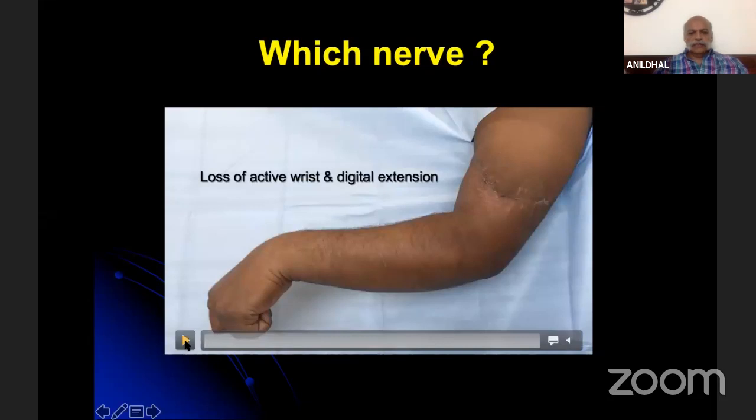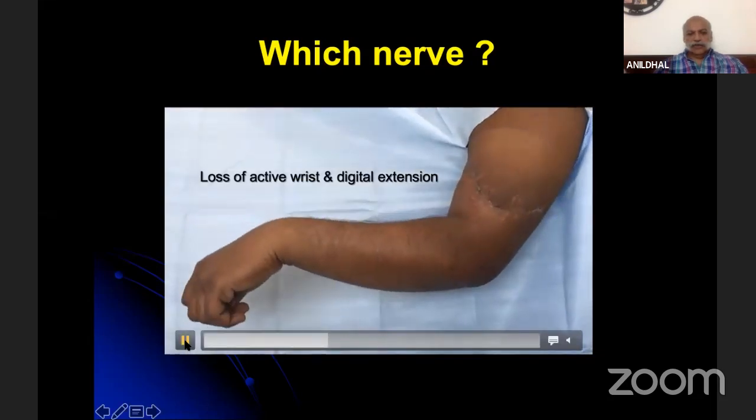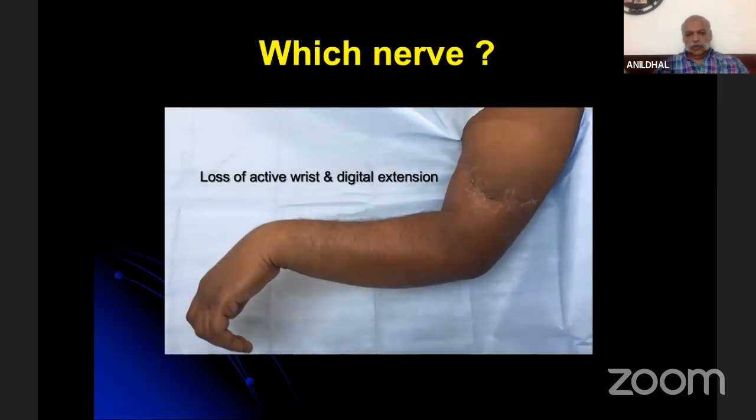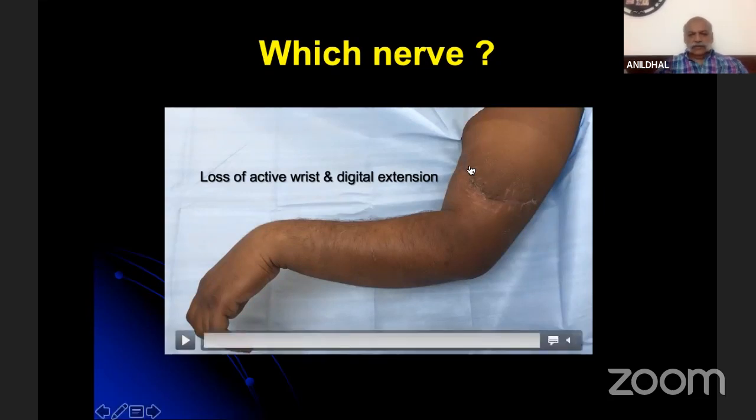So we asked the patient to try and dorsiflex, and he was unable to dorsiflex, and at the same time he is unable to open the digits in extension also. So there is a loss of active wrist and digital extension. And if you look at the typical location of this, it is on the outer aspect at the junction of the proximal 2/3 and distal 1/3 of the arm here.